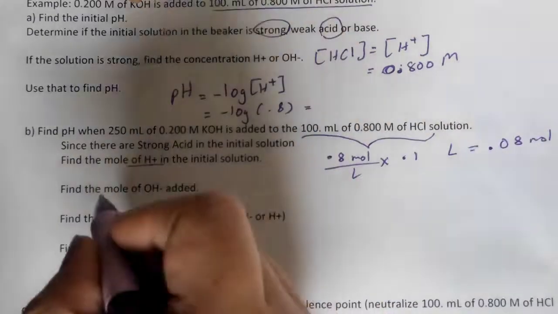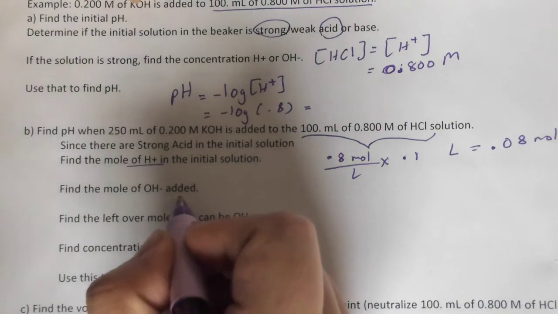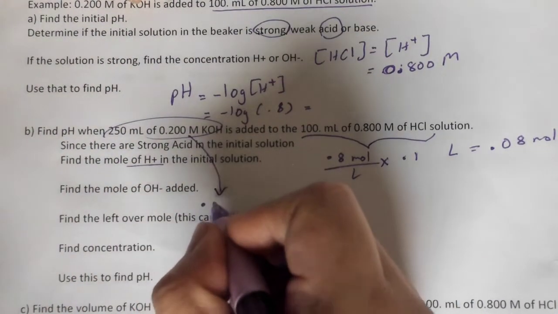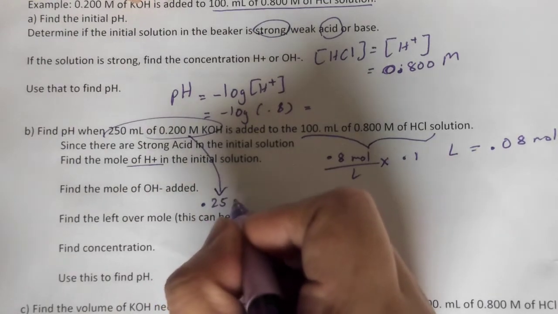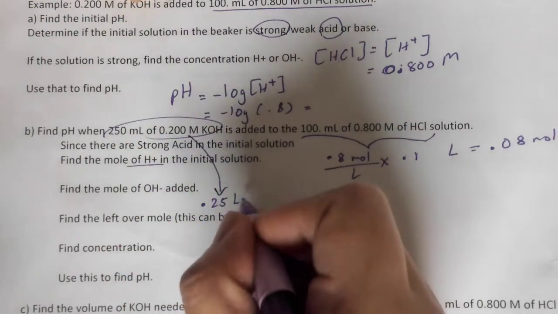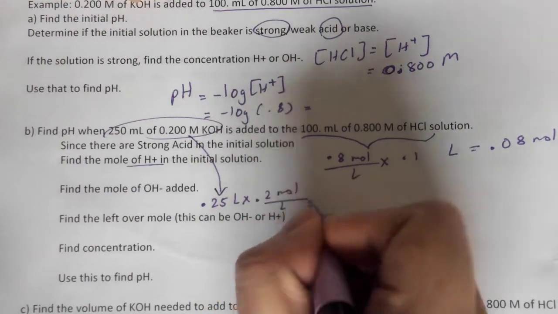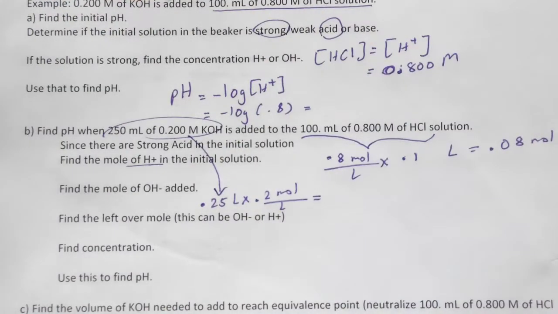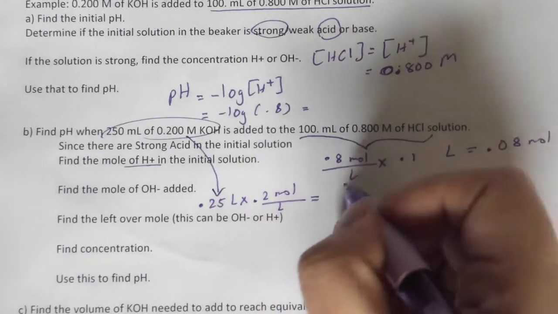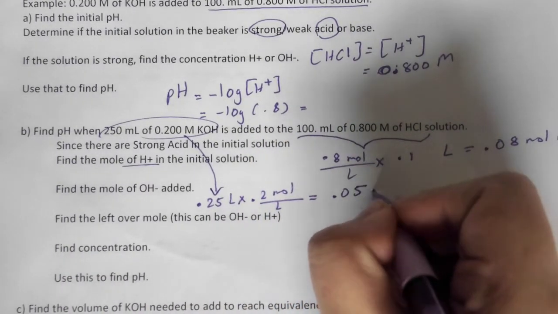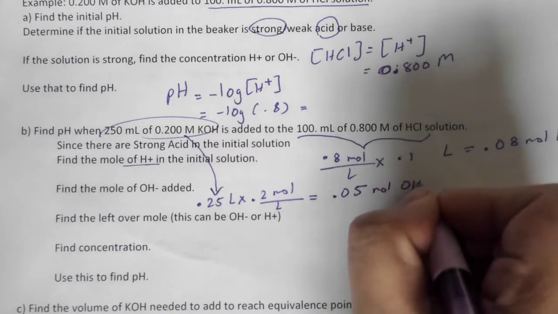That's my H plus. Find the mole of OH minus added, which is right here. That's the one that we're gonna use. So 0.25 liter times 0.2 mole per liter. That's gonna give you 0.05 mole of OH minus.